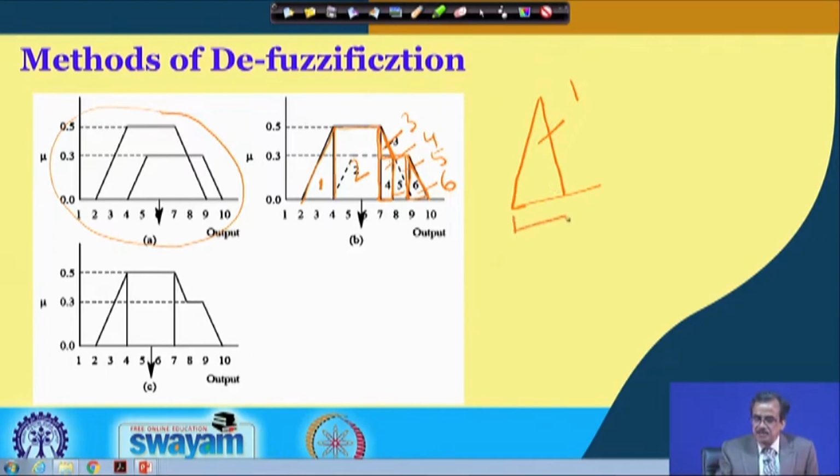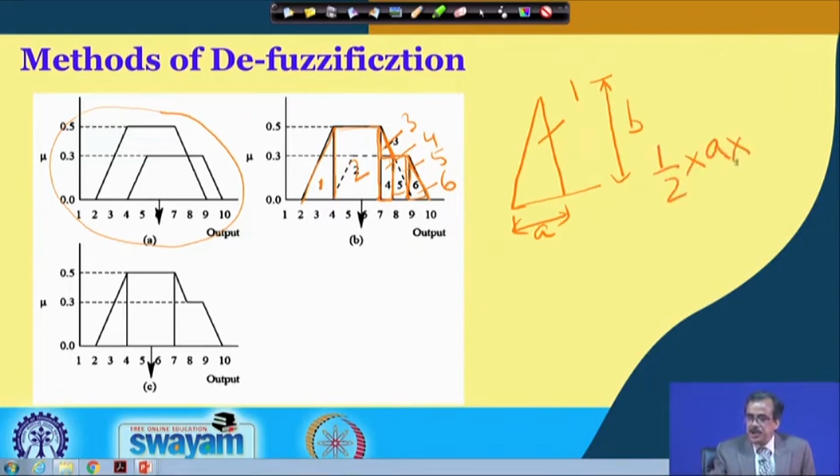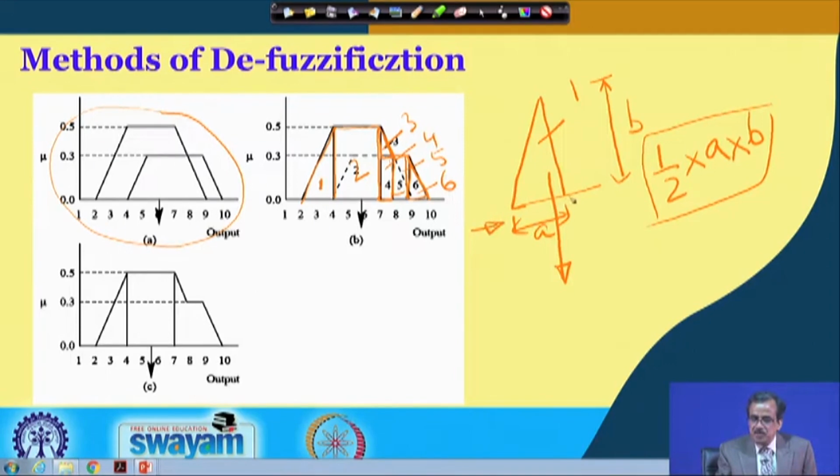If I know this dimension, say A, and this dimension, say B, then the area is nothing but half into A into B. The center of this area can be determined very easily. If the total dimension is A, and I measure from here, this will be 1/3, and this will be 2/3.